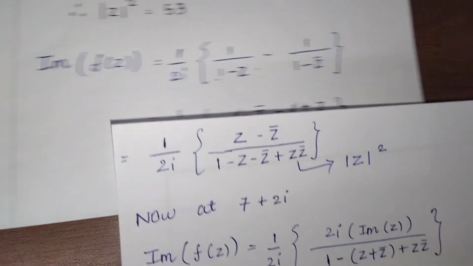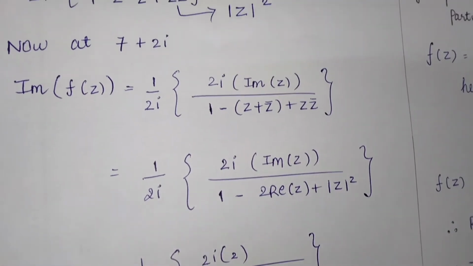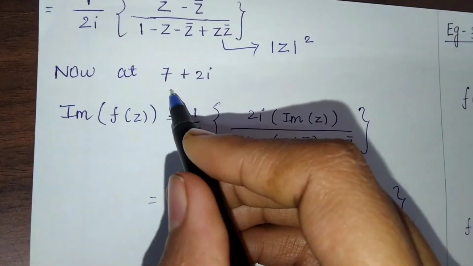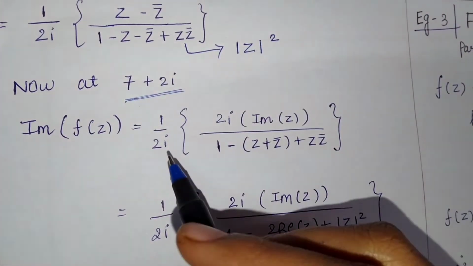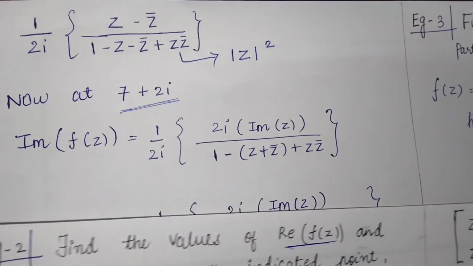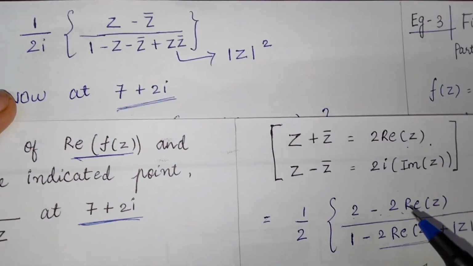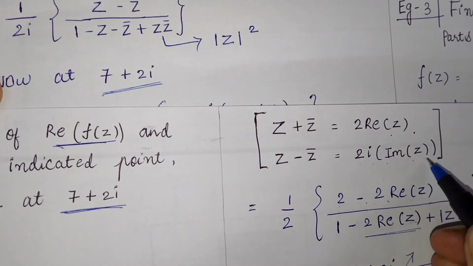Now again at the point 7 plus 2i we have to find the imaginary part, also at 7 plus 2i only. So I will put this value. And the value of z minus z conjugate, what can we write in its place? 2i imaginary part of z.